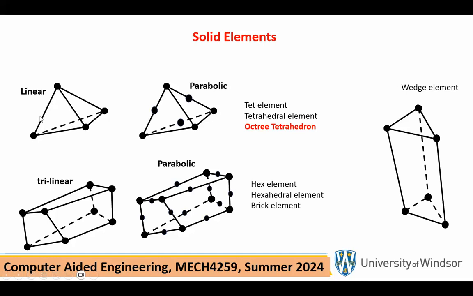Each element has 4 nodes, and each node has 3 degrees of freedom, 3 translations in X, Y, Z direction. When you go to the parabolic version of that, there are some additional nodes here. There are intermediate nodes.